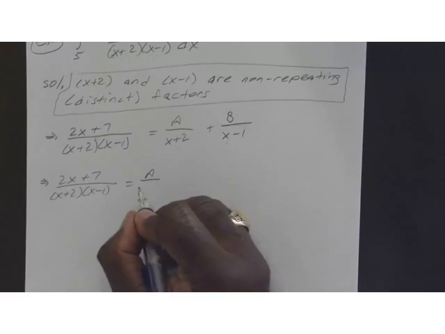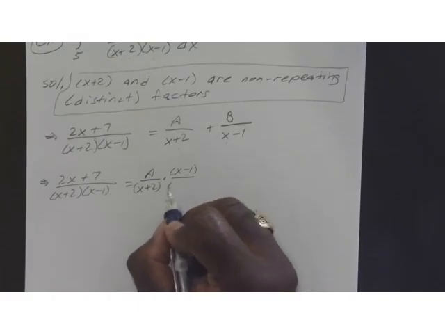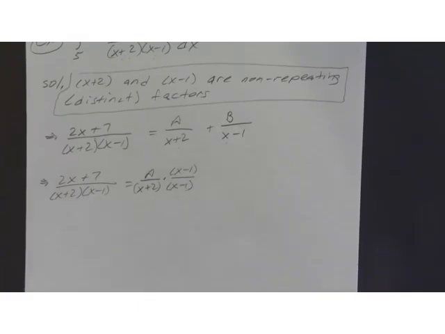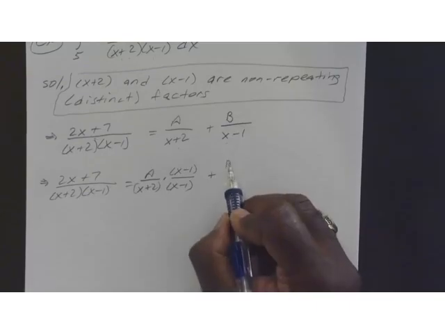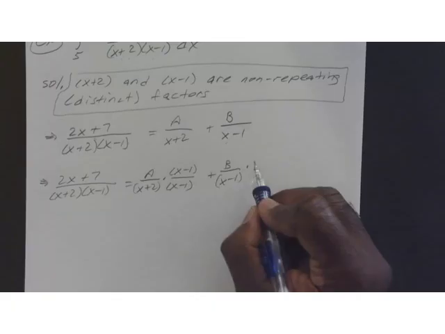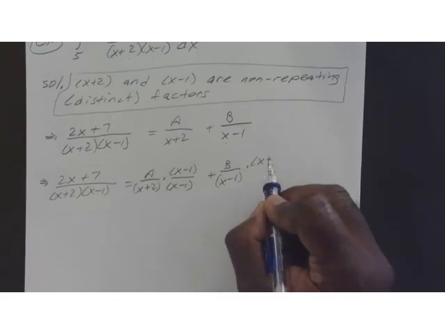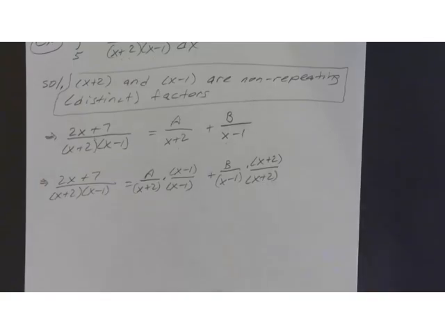So a over x plus 2, we multiply by (x - 1) over (x - 1), plus that b divided by x minus 1, we multiply by (x + 2) over (x + 2).